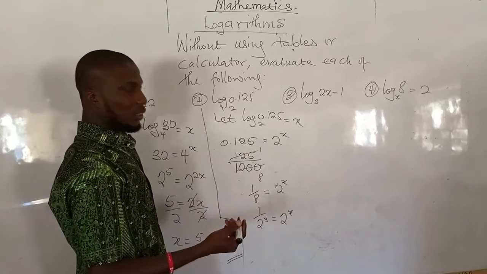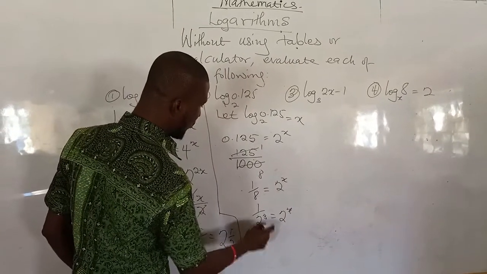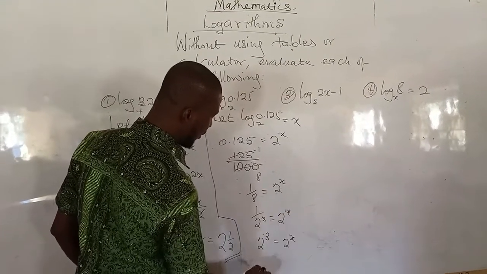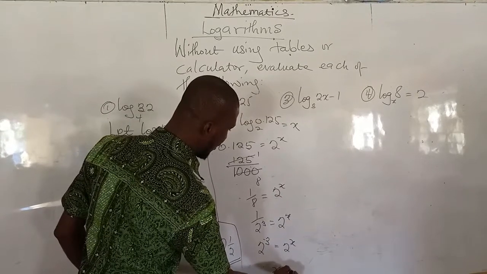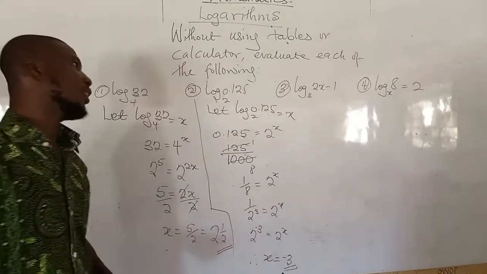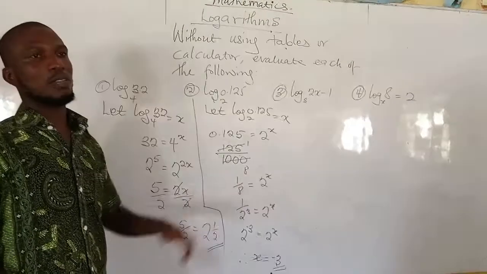From the laws of indices, we have 2 exponent negative 3 for this one, equal to 2 exponent x. Since the bases are the same, our x equals negative 3. That means that 2 exponent negative 3 is going to give us 0.125.